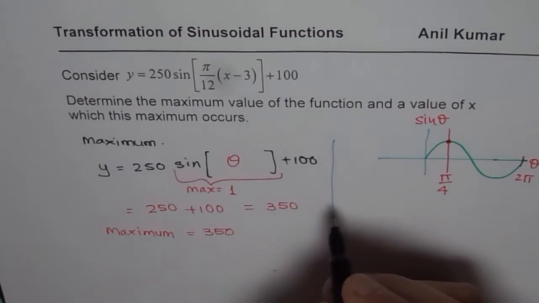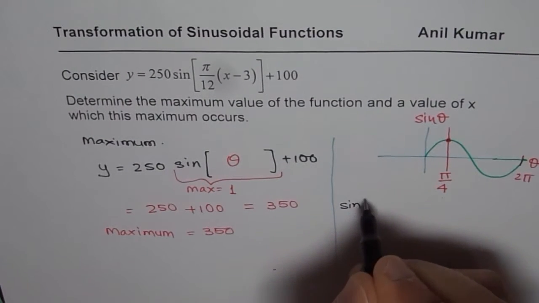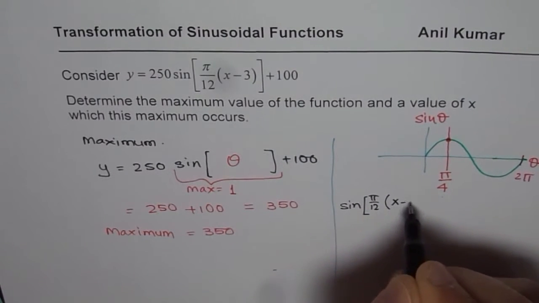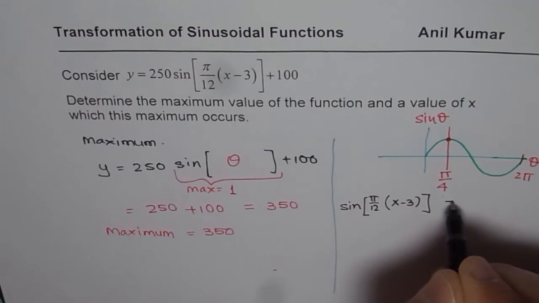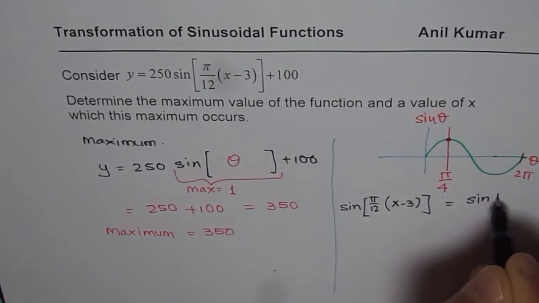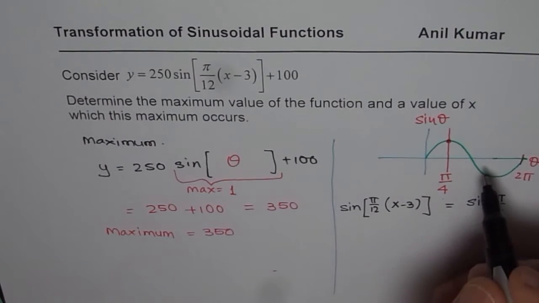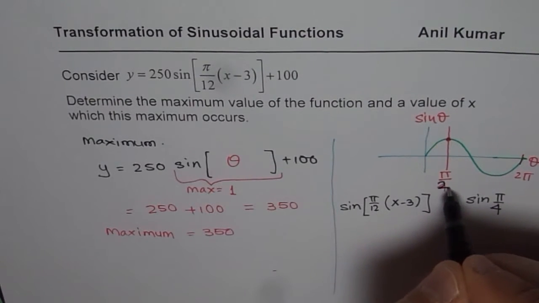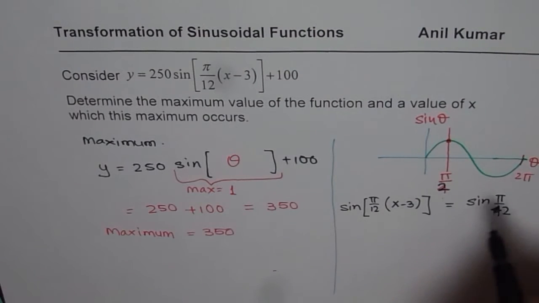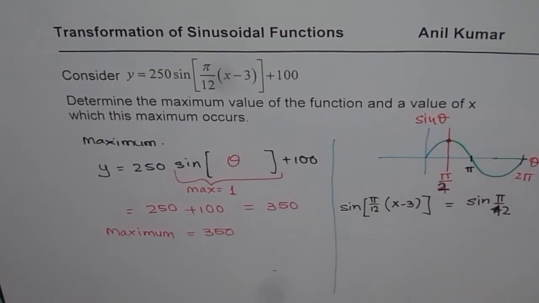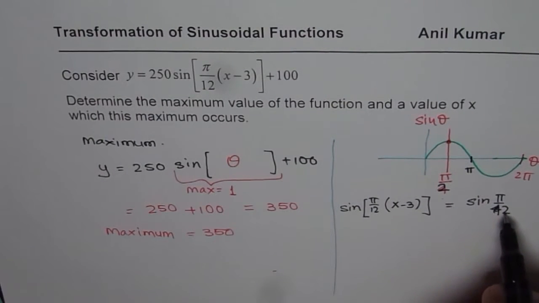So we get an equation saying sine of pi by 12 times (x minus 3) should be equal to sine of pi by 4. I'm sorry, sine of pi by 2, at quarter of the cycle. So this is pi and this is pi by 2 at 90 degrees, or pi by 2, this is the maximum.